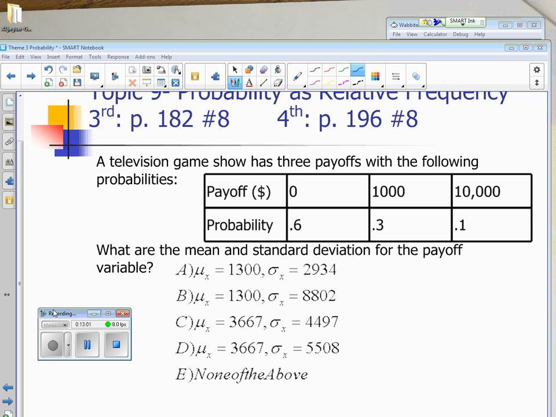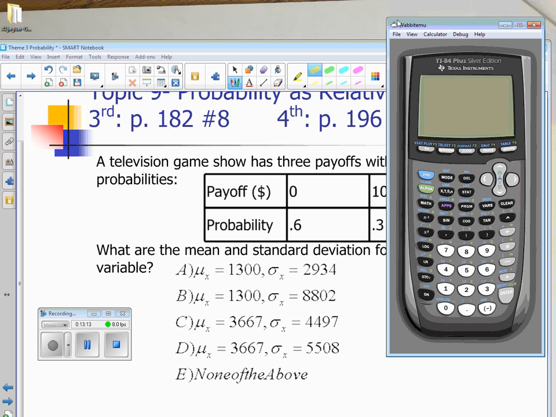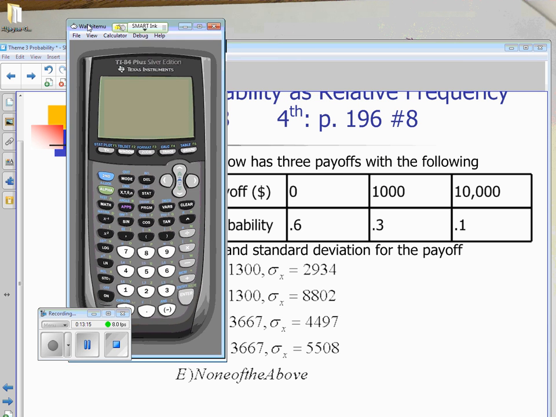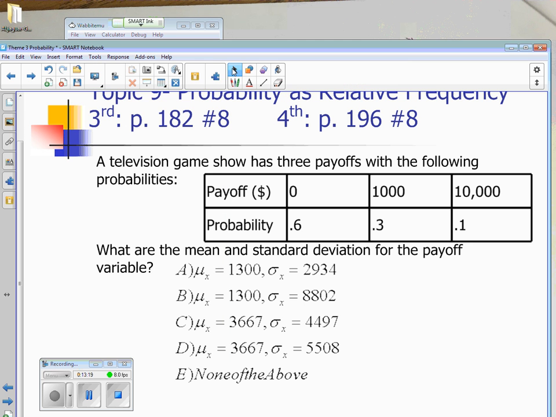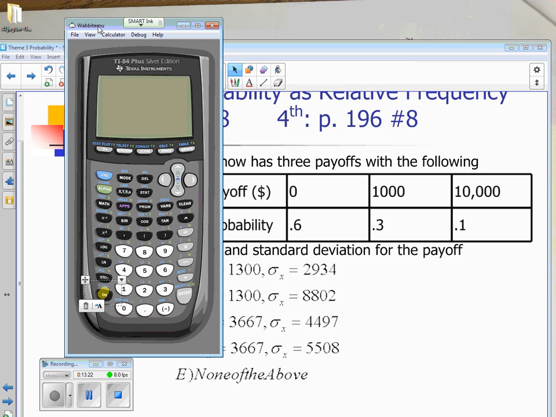Just put them in your stat list 1, stat list 2, and then do your 1 var stats. Let's remind ourselves how to do that, okay? If we want to find the mean and standard deviation, and we have a probability distribution like this, we can go to stat and edit, and we can enter our numbers, 0, 1,000, 10,000.